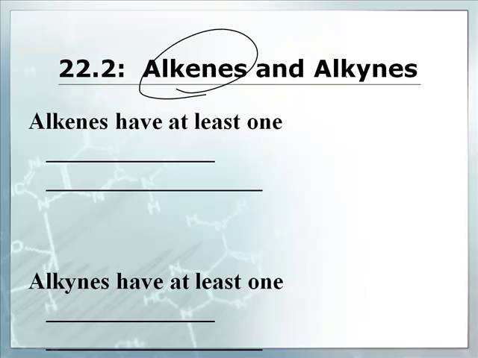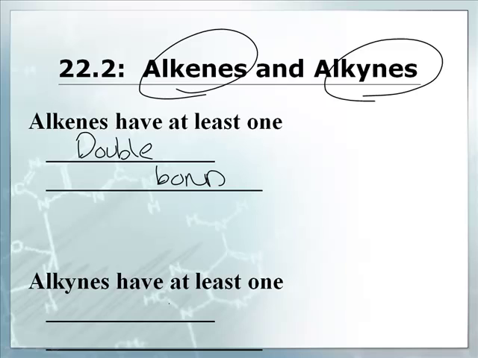We also have things called alkenes and alkynes, and alkenes have at least 1 double bond. So alkanes are all single bonds. Alkenes have a double bond, and alkynes have a triple bond. What we should say also is that the formula for alkenes, by and large, is CnH2n.